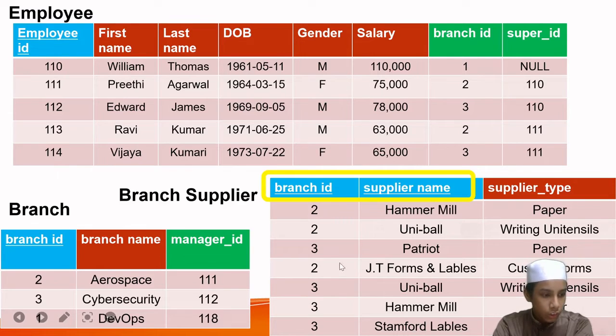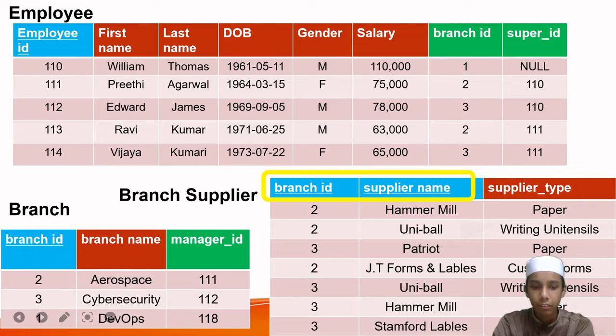Okay, so this primary key is made up of two columns. One is branch ID and another is supplier name.